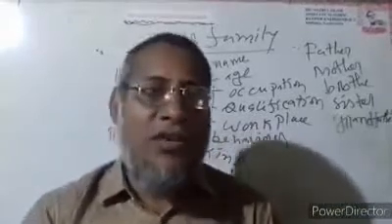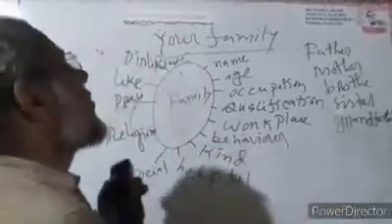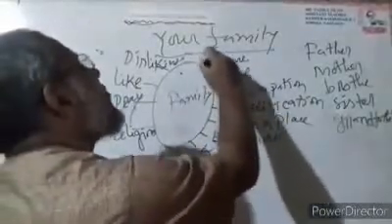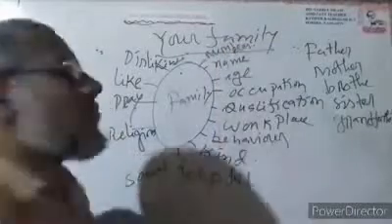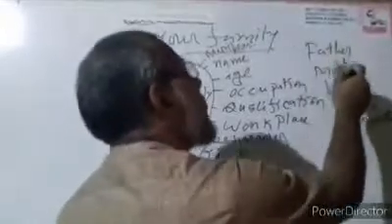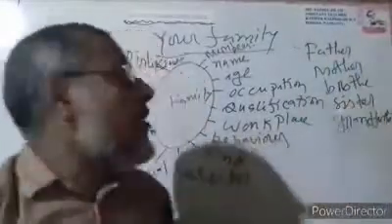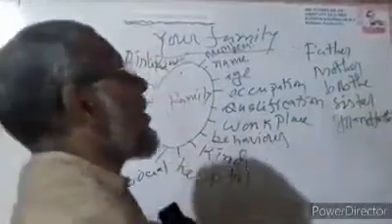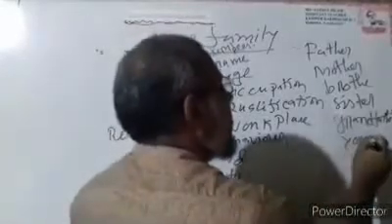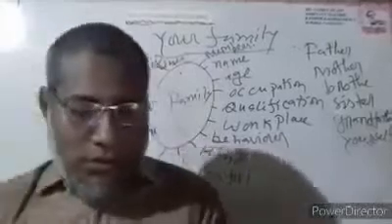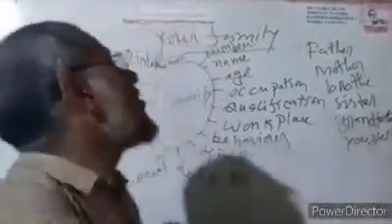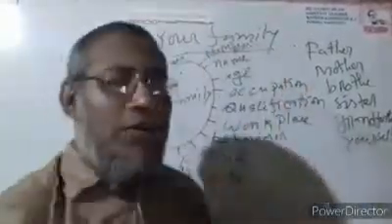This is the introductory sentence. Then, how many members are in your family? Suppose there are 1, 2, 3, 4, 5, and you yourself. So suppose we think there are 6 members in our family.